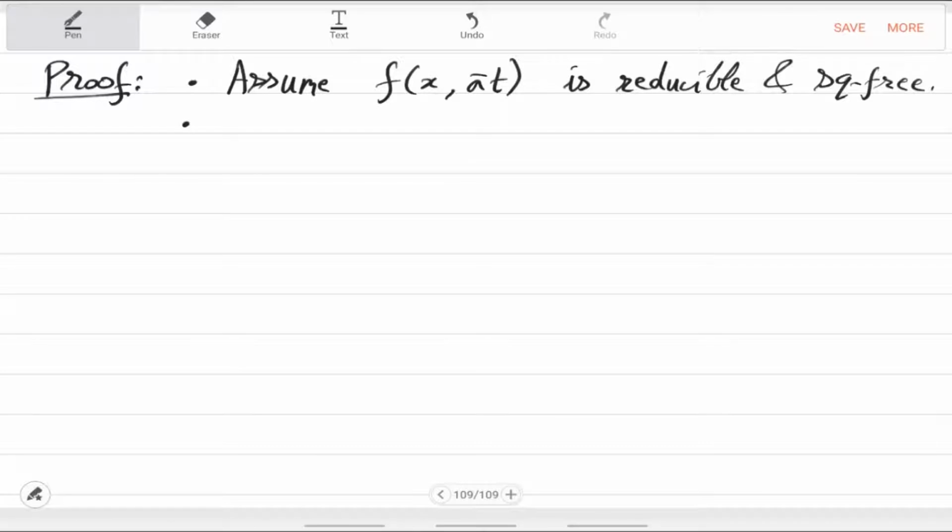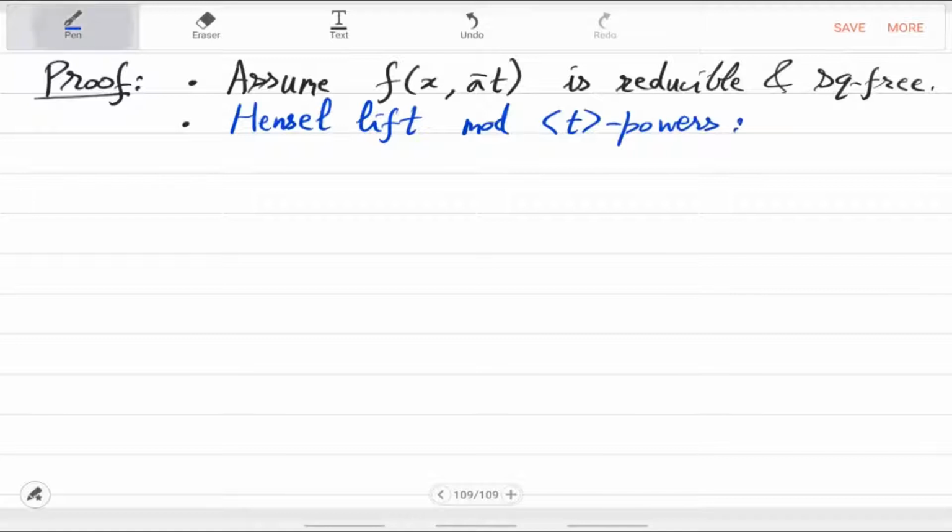So when you do this, what's the first step? First step is f(x, a bar t) mod t factorizes into univariates in x, let's say g0(x), h0(x) mod t.